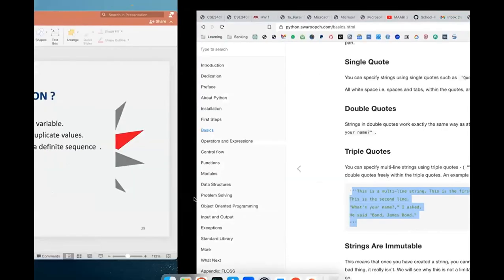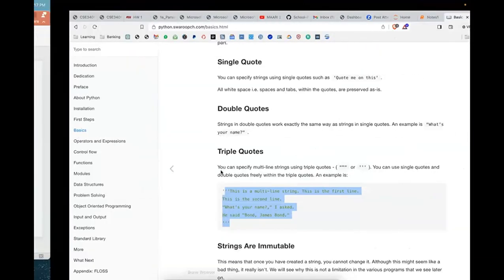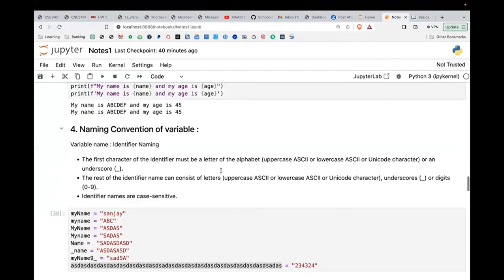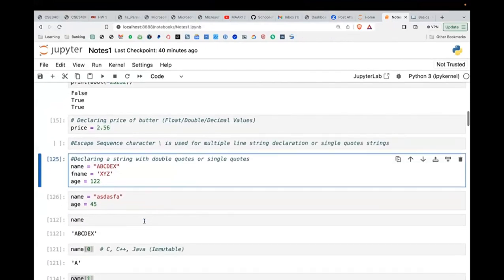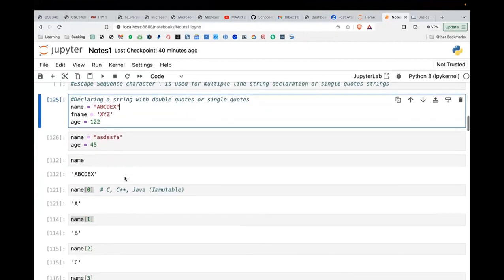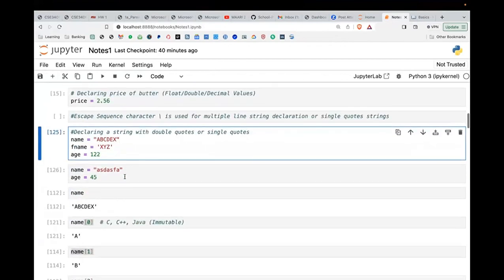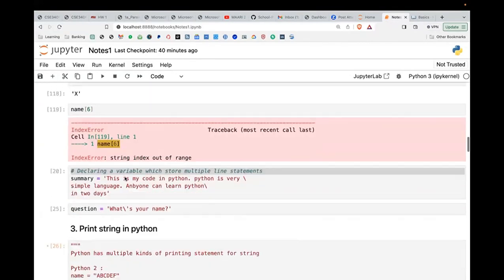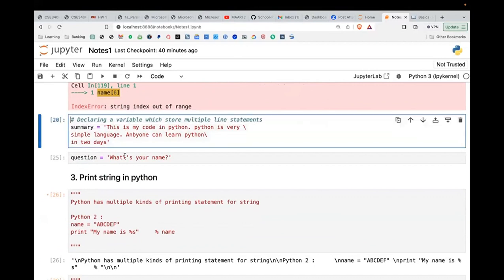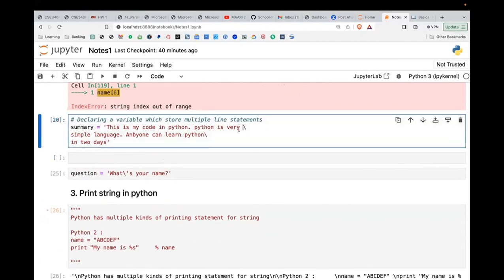Right now I was trying to show you, earlier when I was declaring the string, I am just going up. This is the declaring of the string. And I told you there was something called a multi-line string, right? Yes, this one. When I was telling you about multi-line strings, you have to use this particular character.